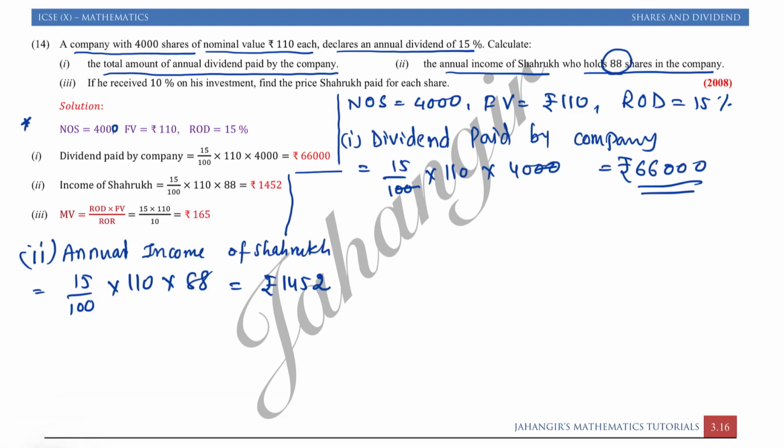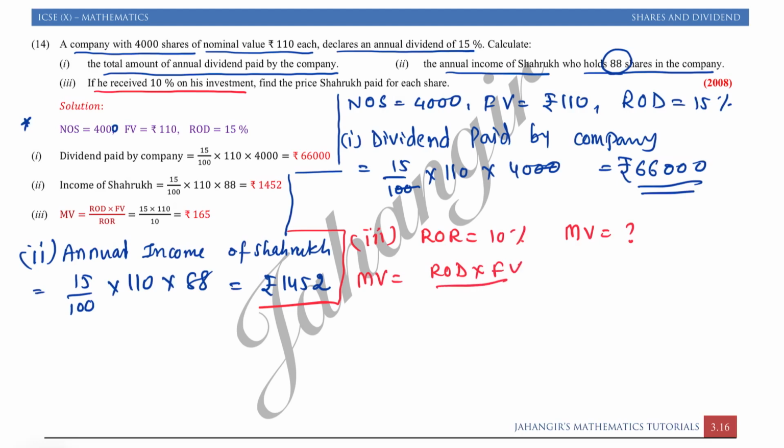Now third part. If he receives 10% on his investment, ROR is 10%. We have to find the price Shahrukh paid for each share. So market value is question mark. So I can use market value is equal to ROD into FV upon ROR.